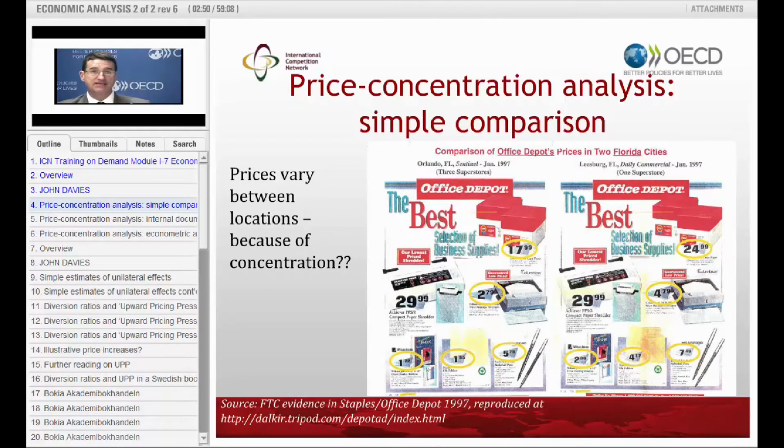The FTC suggested that these 2 geographic areas were very similar, except that in Orlando, on the left there were 3 competing superstores, while in Leesburg, on the right, Office Depot faced no office supplies superstores. You can see that the prices quoted at the bottom of the advertisements are a lot higher in Leesburg. So the FTC is claiming that this price difference reflects the absence of competing office supply superstores.